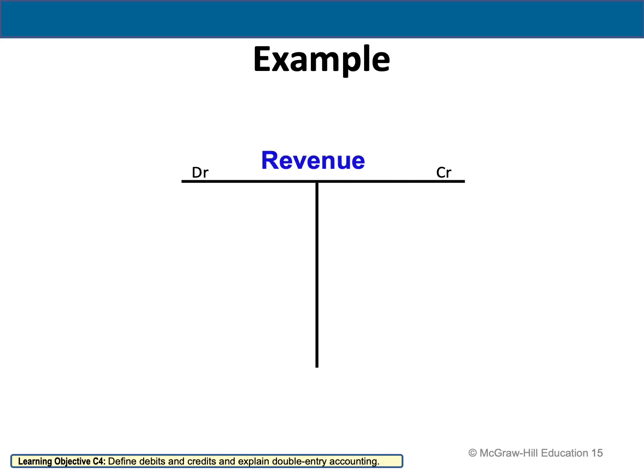Revenue. We know that revenue is part of the equity and the normal balance of the revenue is credit, which means if it's increasing, it's going to increase on the credit side. So now if I give you an example and tell you that the revenue increases by 1,000, where are you going to record it, debit or credit? Of course, it should be on the credit side because the normal balance of the revenue is credit.